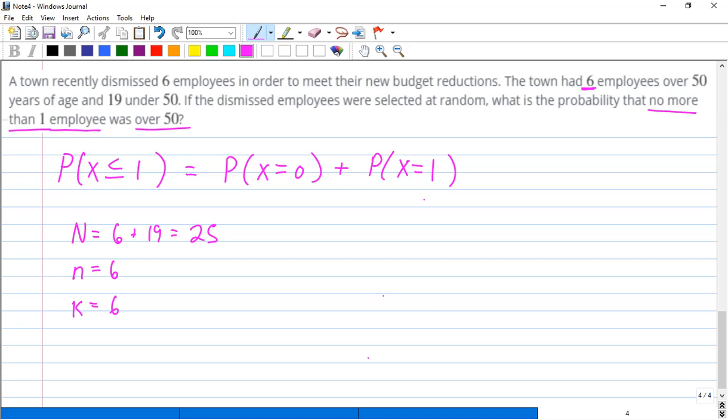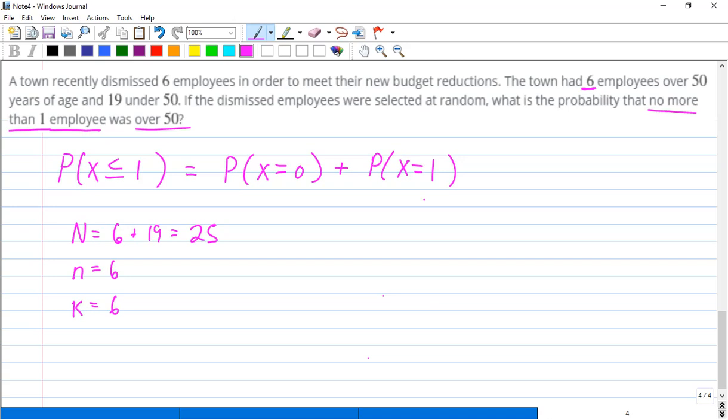If it would have been about the 19 under 50, then the K would have been 19. I really hate when problems use the same number in 2 different places. But those are different values. I know 6 is the same as 6, but we're choosing K equals 6 because of that reason.